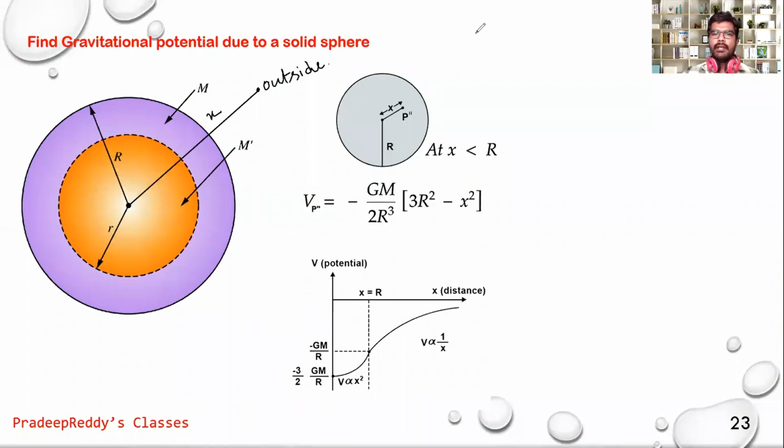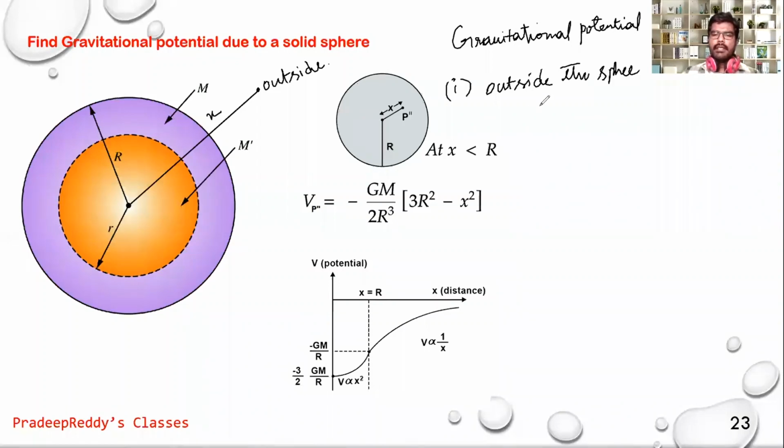So gravitational potential outside the sphere is V equal to minus capital G capital M divided by x. As x increases, what happens to potential? Potential decreases, so V is inversely proportional to x. This is outside the sphere.